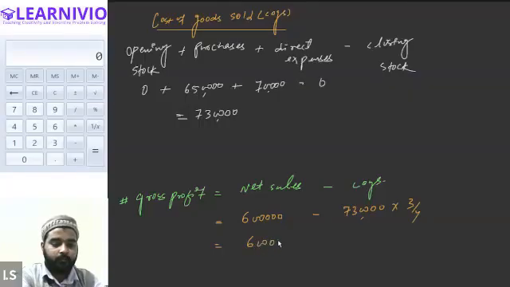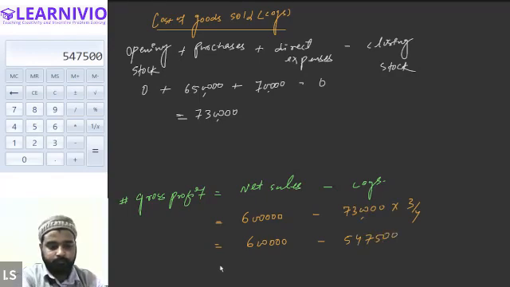Now 6 lakhs minus 7,30,000. Just a minute, let me calculate this. 7,30,000 multiply by 3 divide by 4, you will get 5,47,500.